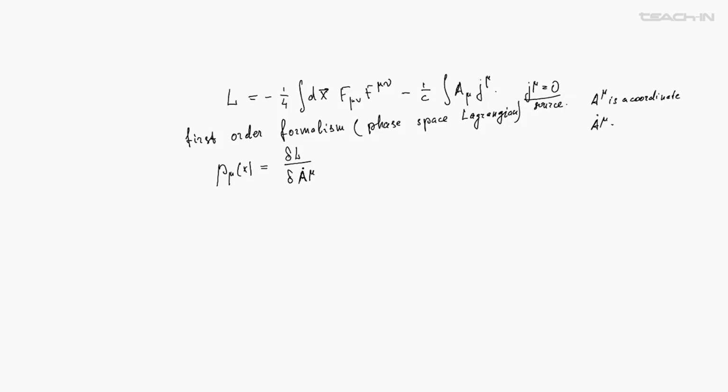And as usual in the Hamiltonian formalism, we need first to find the canonical momentum. So canonical momentum is δL over δ(A dot)_μ. And we see that in order to compute this variational derivative, we will have an integral over y, of F_{ρν}, depending on y.